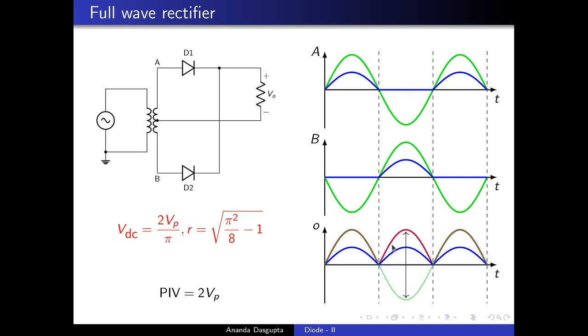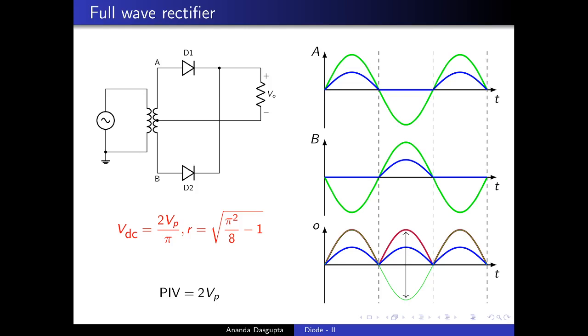The gap between voltage at point B and voltage at point A becomes maximum here, where voltage at point A reaches minus Vp and voltage at point B reaches plus Vp at the same time. So peak inverse voltage applied across the diode in this full wave rectifier circuit is twice Vp.